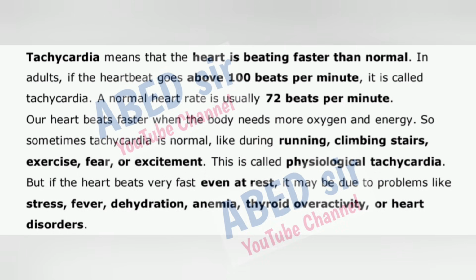So sometimes tachycardia is normal, like during running, climbing stairs, exercise, fear, or excitement. This is called physiological tachycardia. But if the heart beats very fast even at rest, it may be due to problems like stress, fever, dehydration, anemia, thyroid overactivity, or heart disorders.